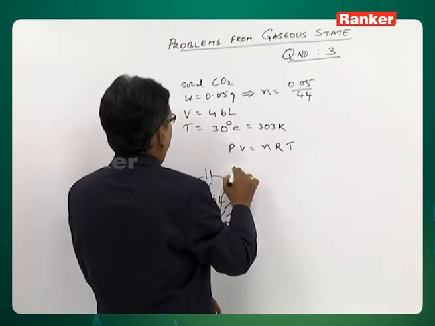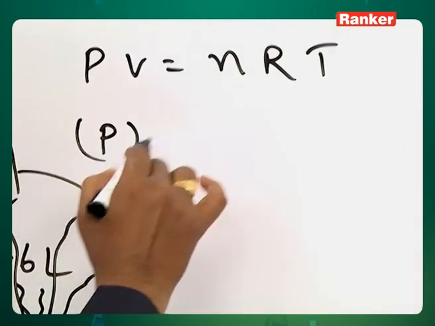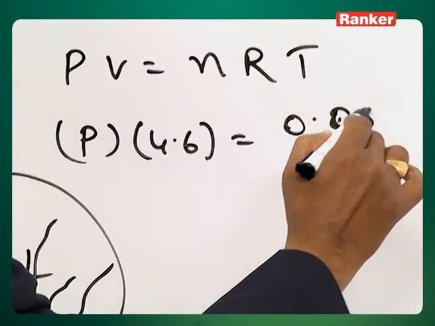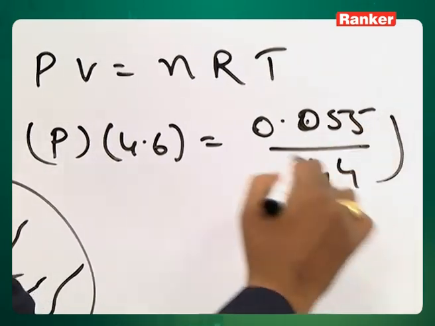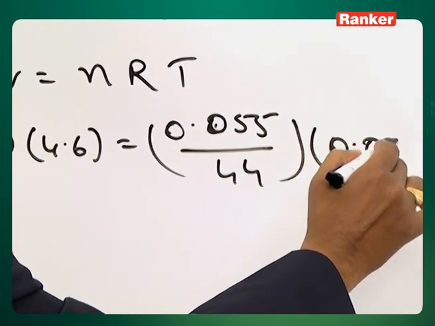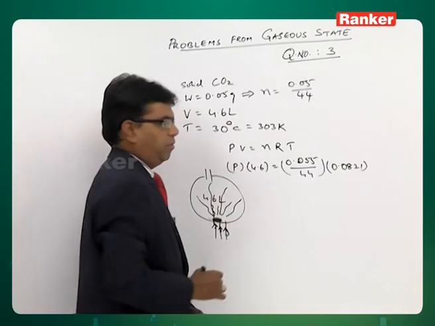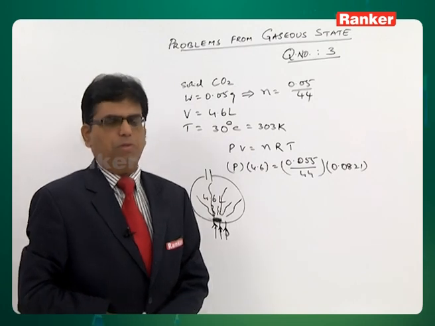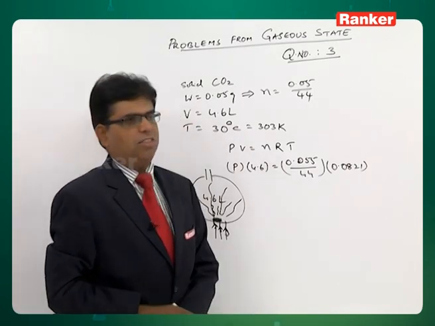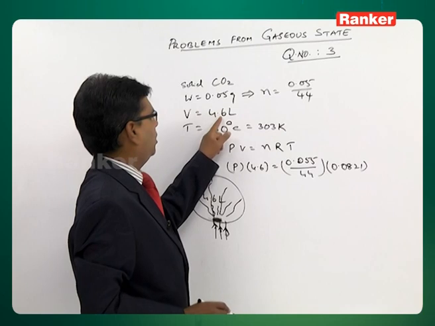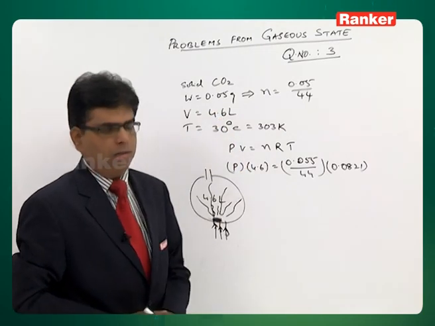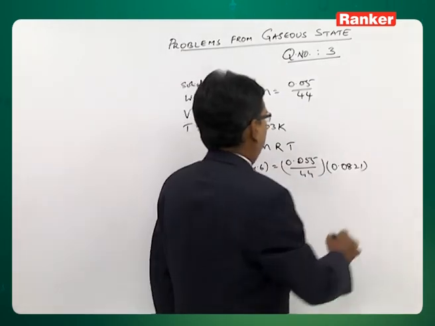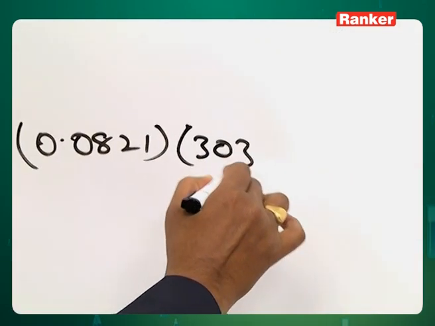Pressure is what we have to find out, volume is 4.6 liters, n is 0.05 by 44, and R is 0.0821 liter atmosphere, as already discussed in the theory. Here volume is given in liters and we have to find pressure in atmosphere, so we take R as 0.0821, into temperature 303 Kelvin.